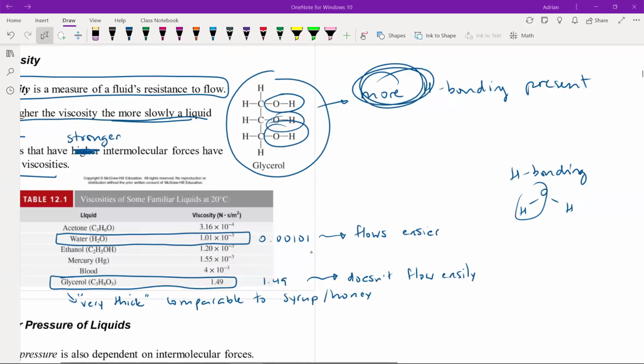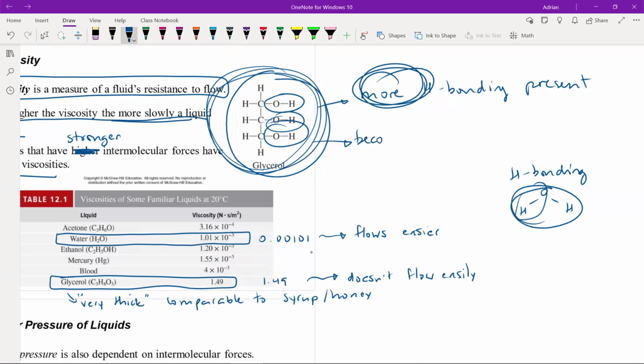The other property that contributes to the higher viscosity of glycerol is not only the greater number of hydrogen bonding places that are possible, but also the shape of the molecule. Glycerol is a lot bigger than water molecules, so these can actually become more entangled with each other. Water doesn't have that problem, right?